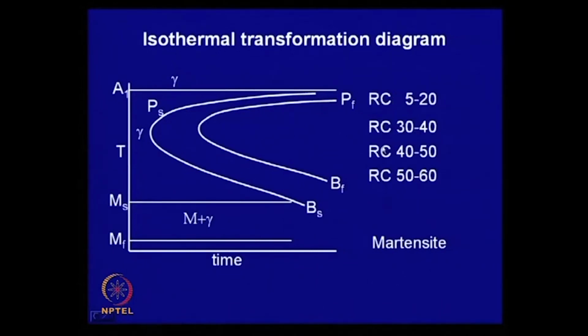In the next diagram, I think we have put down the values of the hardness. If you have coarse pearlite, the hardness is in this range, and fine pearlite hardness is in this range.